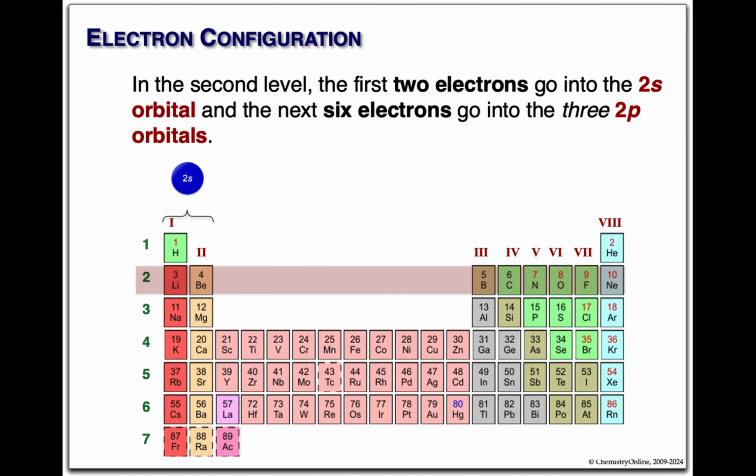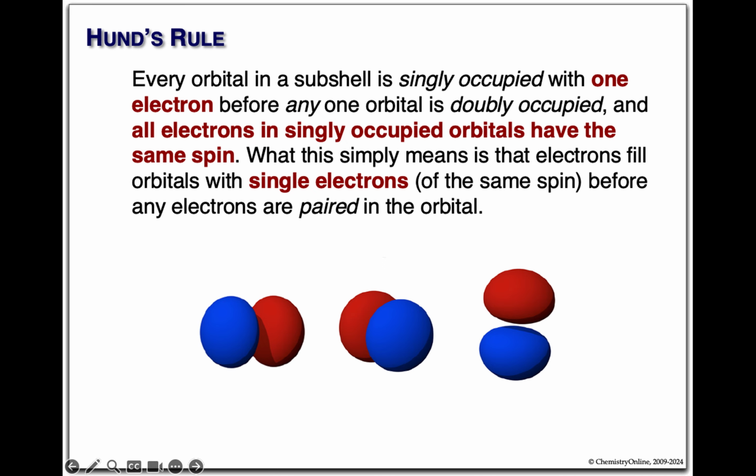Now this becomes important because a guy named Hund came up with a rule. And that is, if you're filling orbitals, such as the p's, what you do is you fill them one at a time with single electrons, all with the same spin.